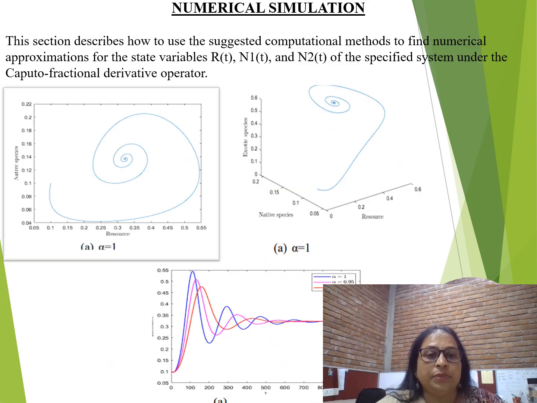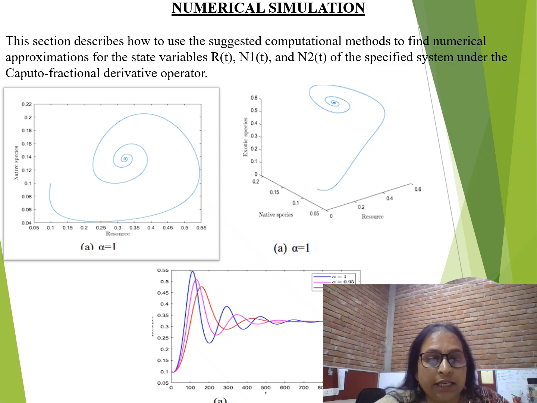Here we represent the numerical simulations, showing the relation between our resource, native and exotic species under the Caputo fractional derivative operator. The first graph represents the relation between resource and native species, where the value of alpha equals 1.